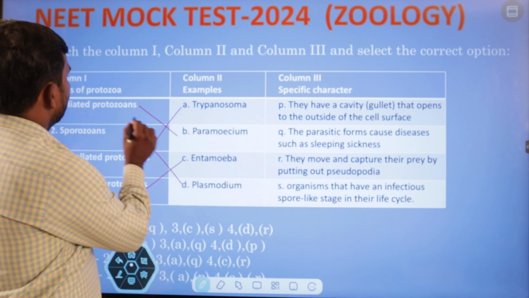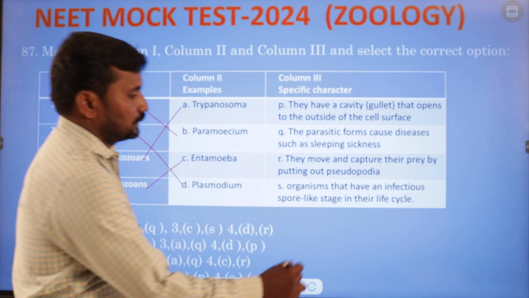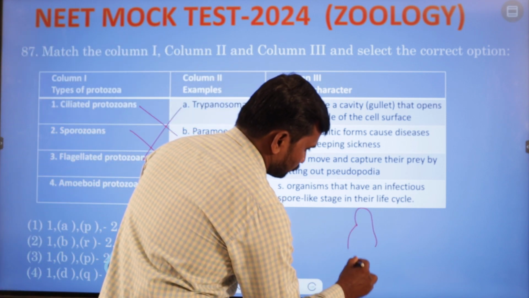Second one. Considering the characters of Paramecium, the structure of Paramecium is like this.